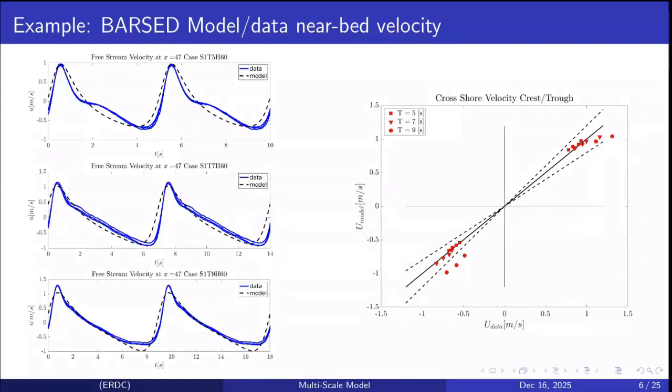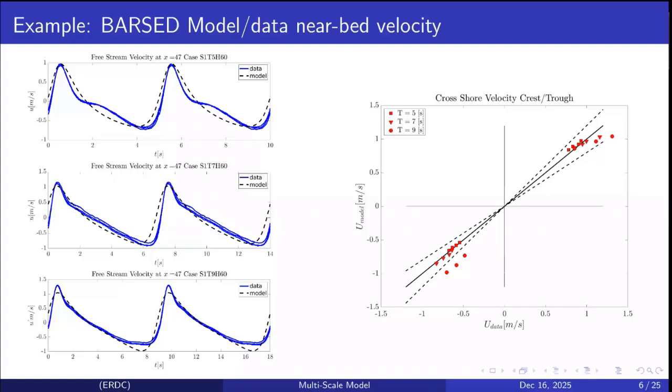So one of the steps was, you'll recall, after having what the phase-averaged results were, that we would invent what the phase-resolved results would be. So these are the BARSED experiments.